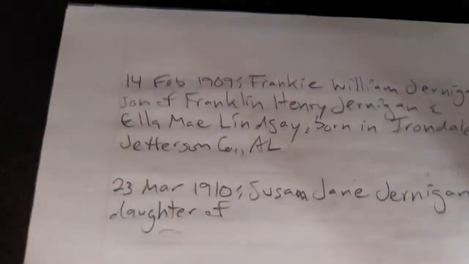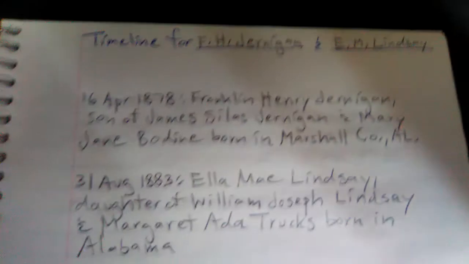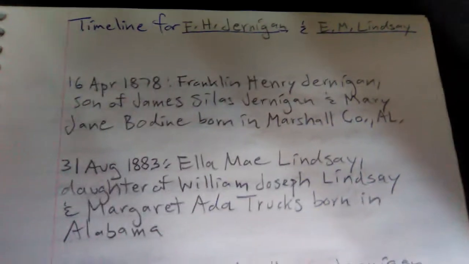So that's how you take these family group sheets, and then from that you create timelines of events, and then from those, you use those timelines to figure out when and where somebody was, for instance, in the United States federal census.